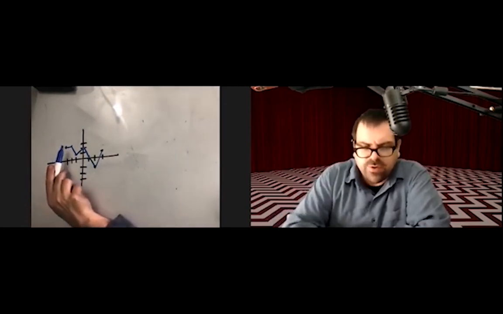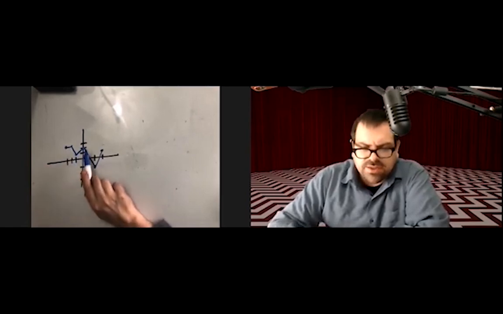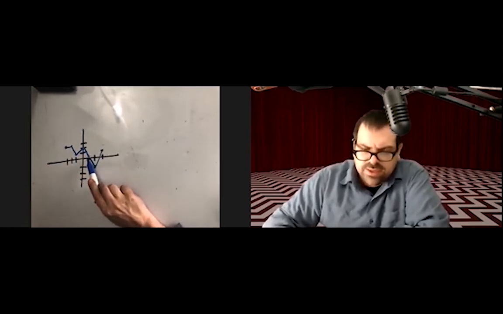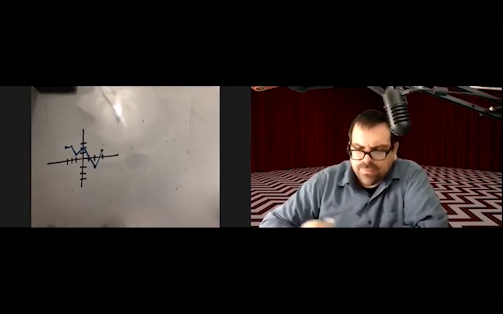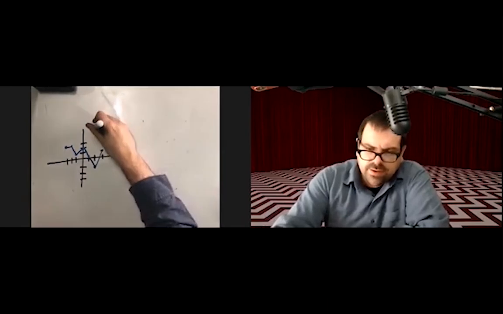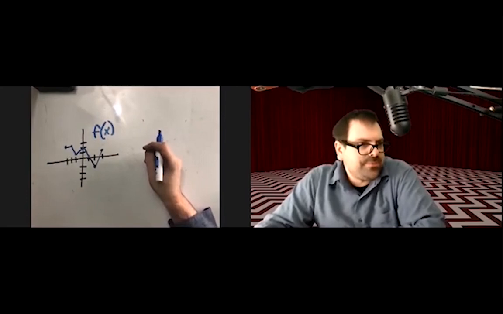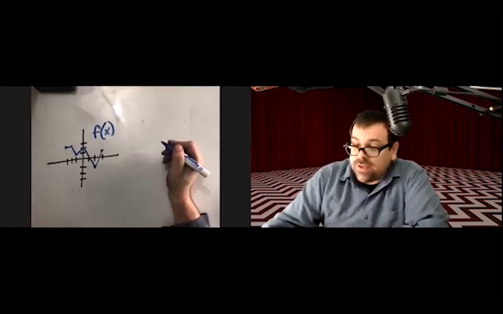It's at +3, +3, +1, +2, 0, -1, +1. This is f of x.